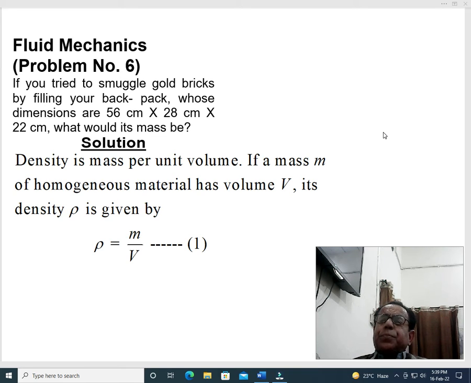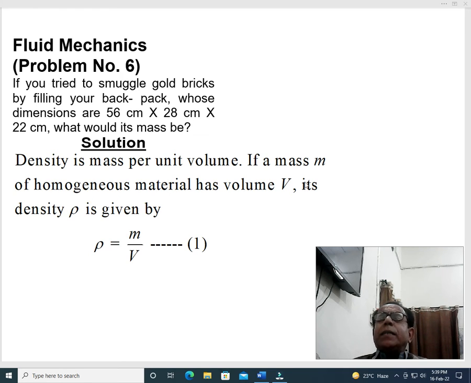Here in place of a sign of equality, we can also put three parallel lines which will denote that rho is defined as mass over volume.